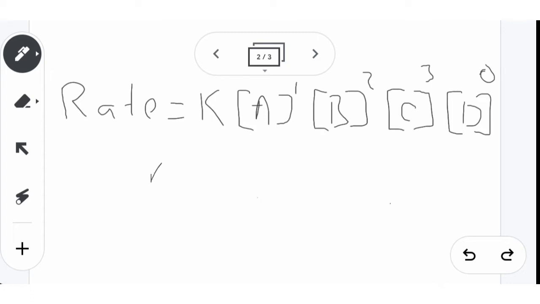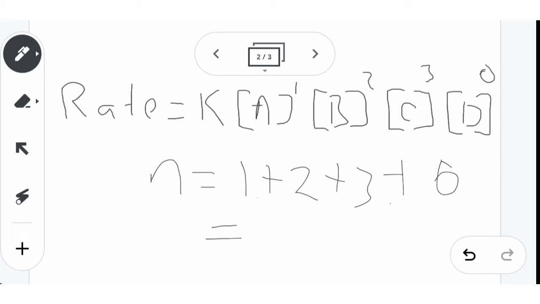So the overall order for this reaction is equal to 1 plus 2 plus 3 plus 0. So the overall order for this particular reaction will be 6. So we can say this reaction is 6th order overall.